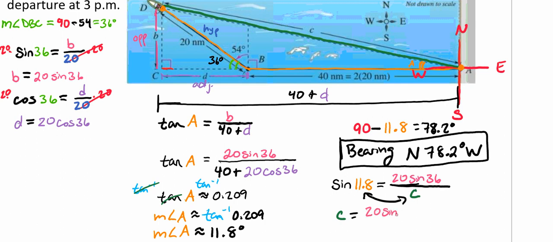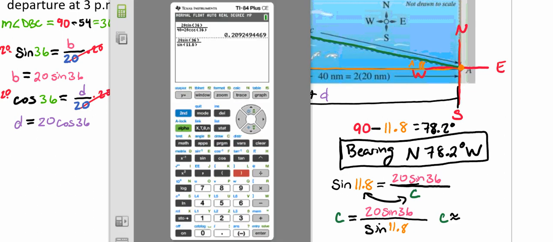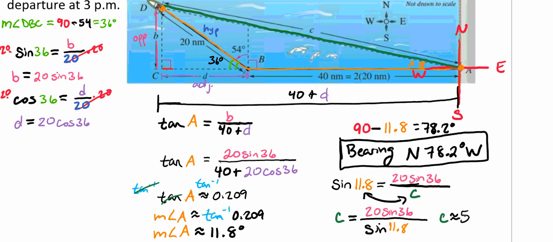So we should have 20 times the sine of 36 divided by the sine of 11.8. And plugging that into our calculator is going to give us 57.48. So we'll round that to 57.49 nautical miles. And that will be our distance.